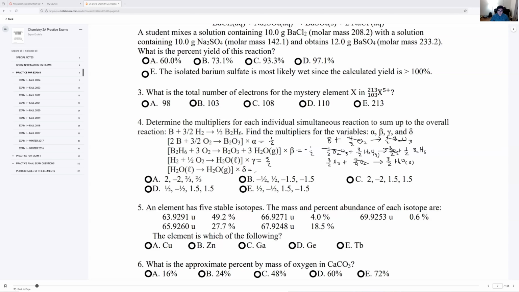And I want those to cancel out. So from this one, I want the gas on the reactant side on the opposite side to make this go away. So I'm going to multiply this by 3/2, and it's already on the product side, so it will cancel out. And that's it. So whatever one matches this one, this one, D, and then that's it.